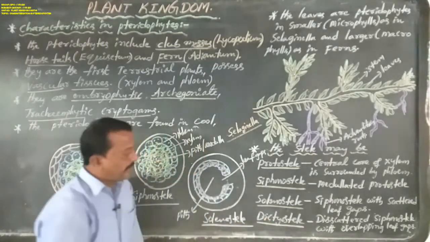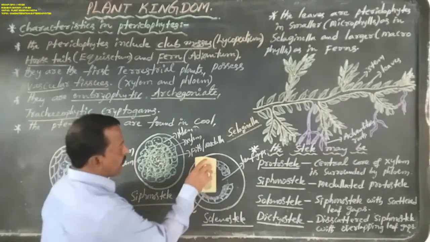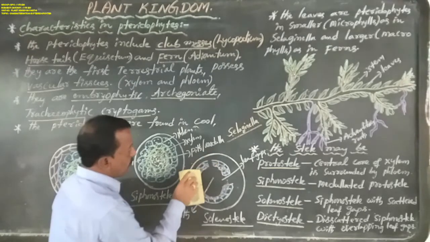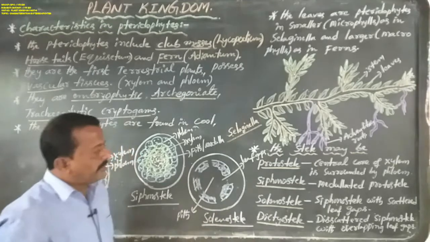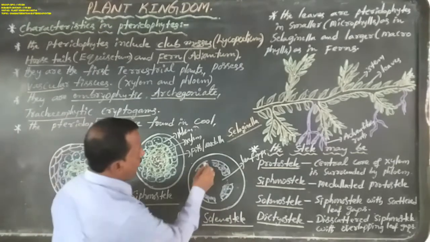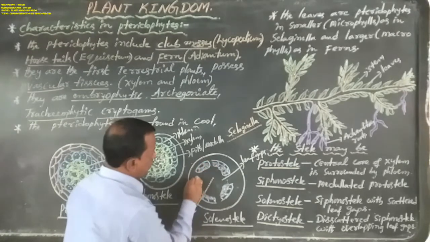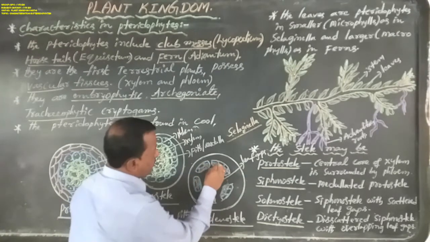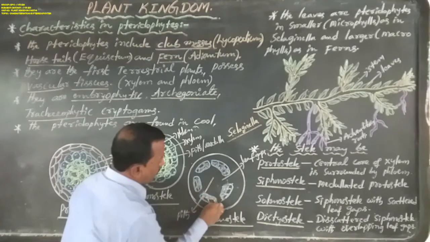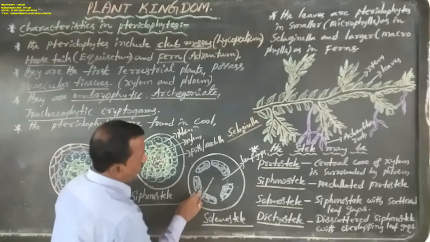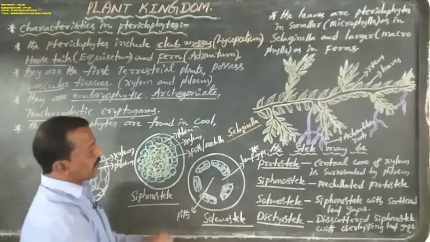Next is dictyostele. Here the vascular bundle is dissected by overlapping leaf gaps. One larger vascular bundle is broken into smaller pieces, so there are several smaller vascular bundles.